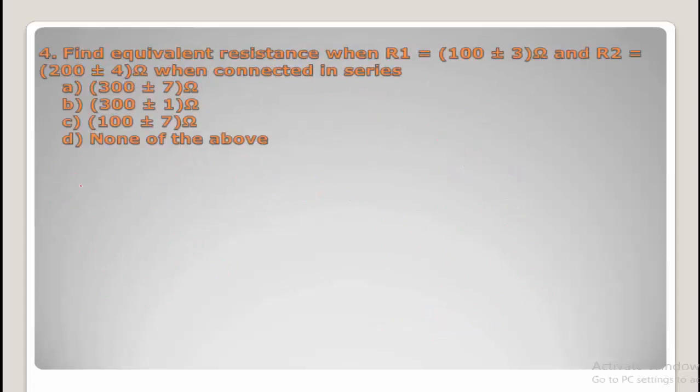Find the equivalent resistance when R1 is equal to 100 ± 3 ohm and R2 is equal to 200 ± 4 ohm when connected in series. So there are two resistors in series connection. This is R1 and this is R2.